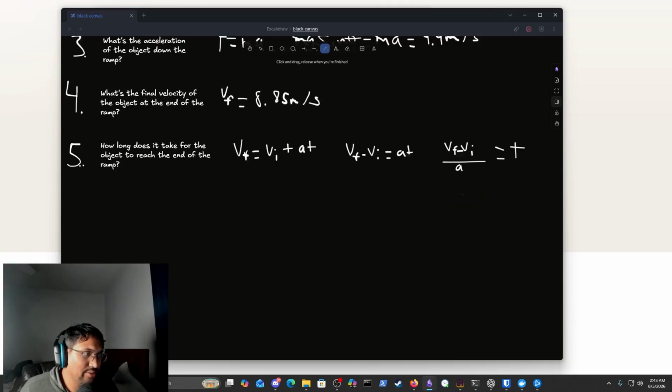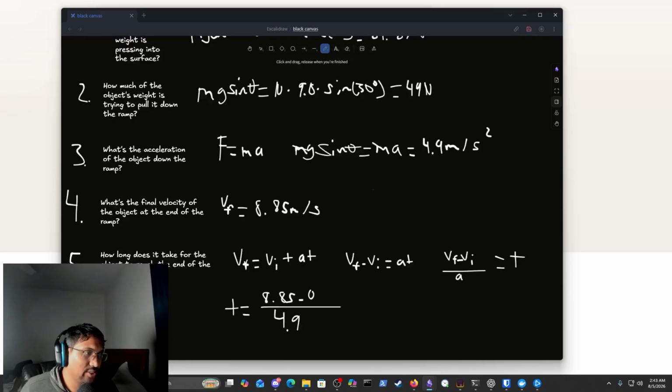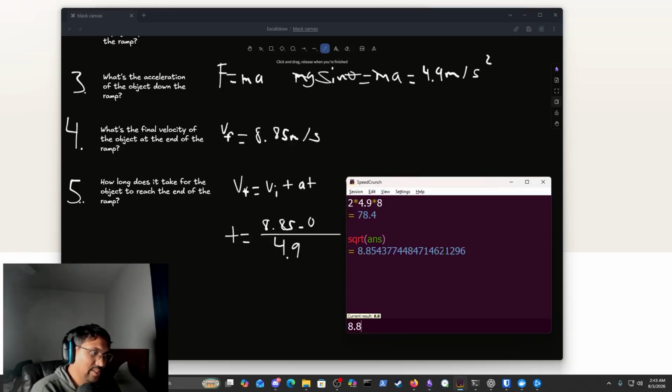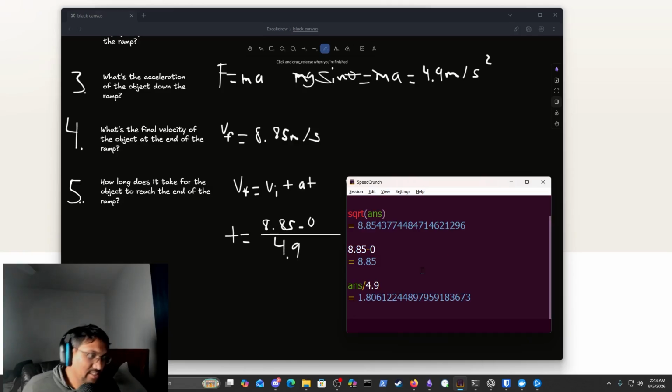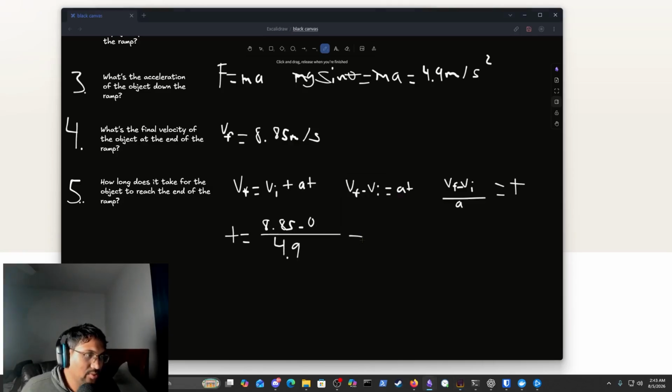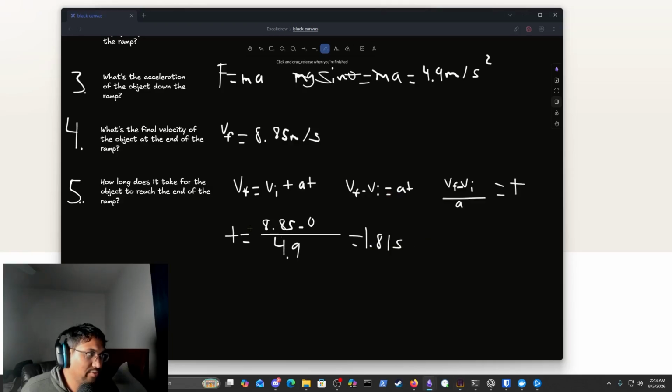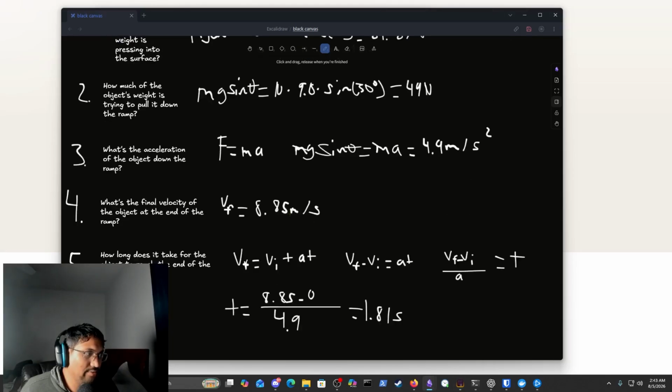Now all we have to do is plug things in: t equals 8.85, we start from rest so it's 0, over acceleration, which is 4.9, since we're talking about acceleration along the ramp. So 8.85 minus 0 is 8.85, divided by 4.9 is 1.806. So it should take about 1.81 seconds, rounding up, for the object to reach the end of the ramp.